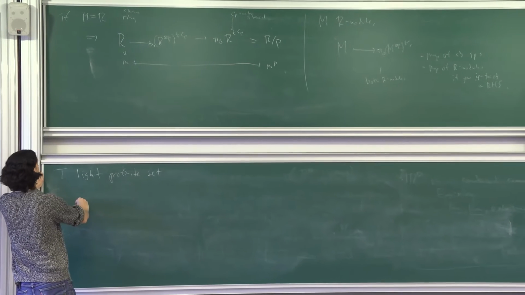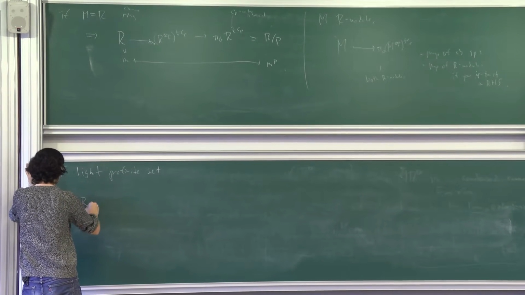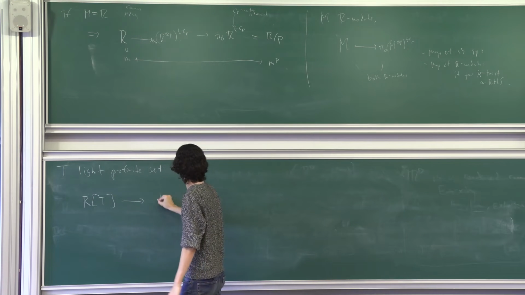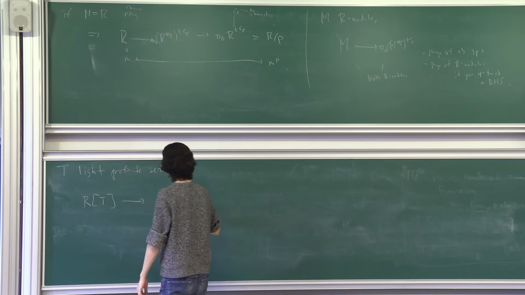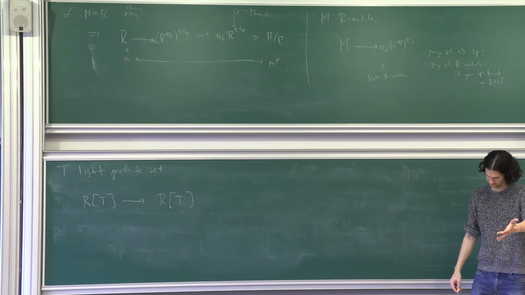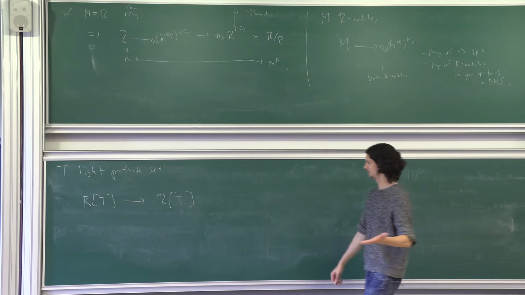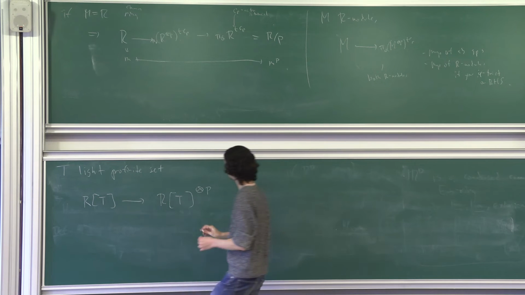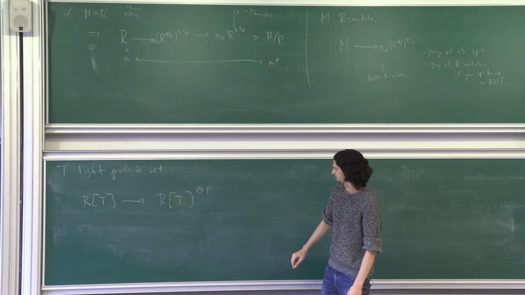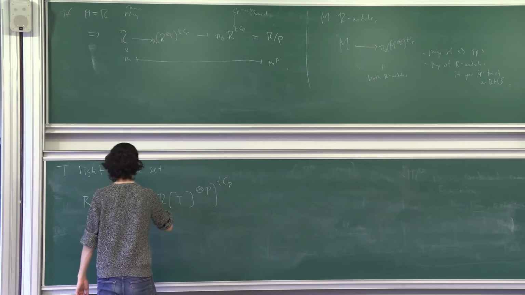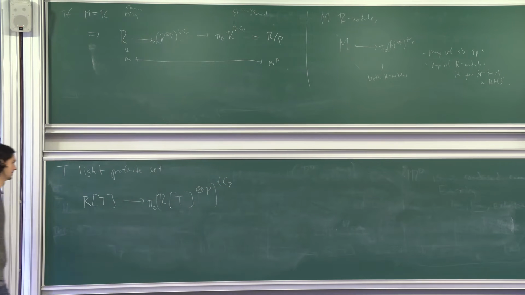Then we get R bracket T, and now we're viewing R bracket T as just a sheaf of abelian groups on light profinite sets, and we can apply this construction here. So we tensor it P times, and we get Tate CP, and then we take pi 0. So that's all just happening at the level of sheaves of abelian groups.